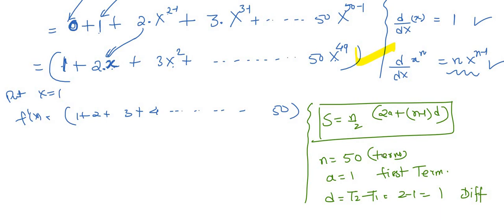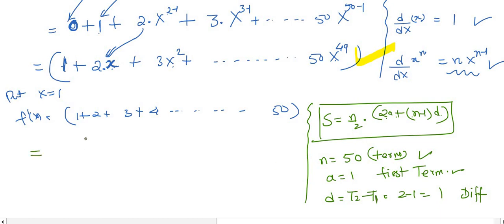So this is an AP and sum of AP, this is the formula. Write down n by 2 into 2a plus n minus 1 into d. Where n is total number of terms, which is 50 here. Okay, a is the first term of AP, which is 1 here. D is the common difference, T2 minus T1, which is 1.